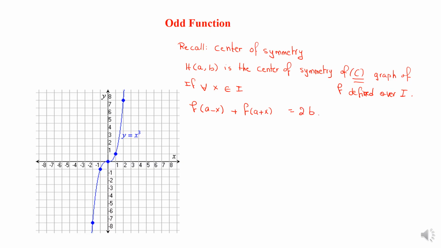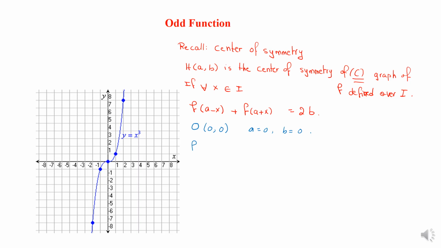Now here in this case we will take the point H to be the origin O, (0, 0). So A is 0 and B is 0. When does the origin become the center of symmetry? Let's check the equation.